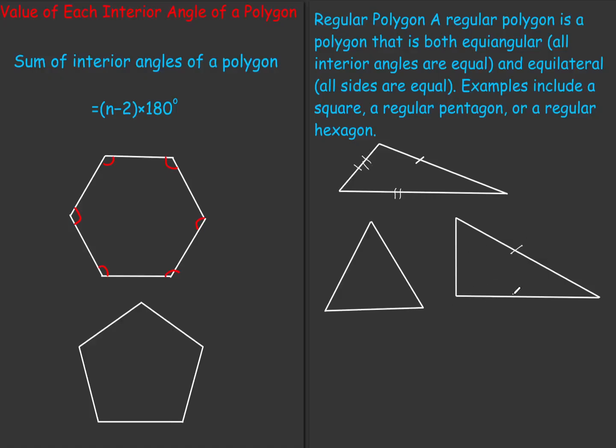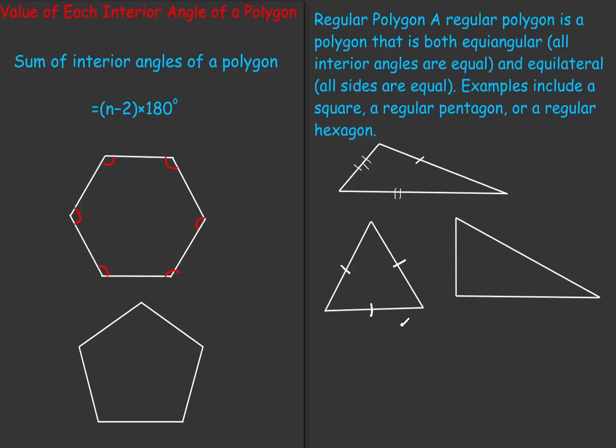The hypotenuse is longer than the other two sides. But when we look at an equilateral triangle, that is what we have over here. This side is the same as this, and is the same as this. So when we talk of the triangles, the one that is a regular polygon would actually be an equilateral triangle.